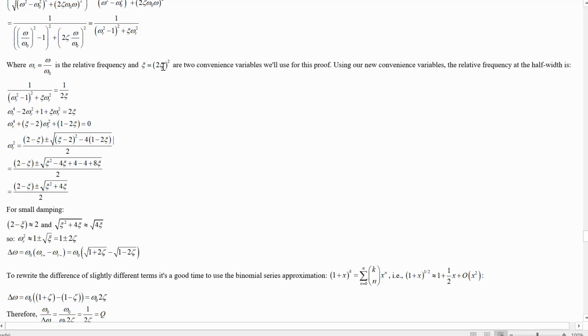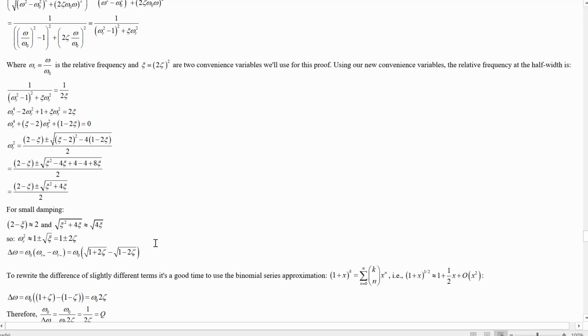then zeta is small, and xi being 2 zeta squared is probably going to be really small. So maybe 2 minus xi is basically 2, and this root of xi squared plus 4xi is basically root of 4xi. We don't need this xi squared thing there.